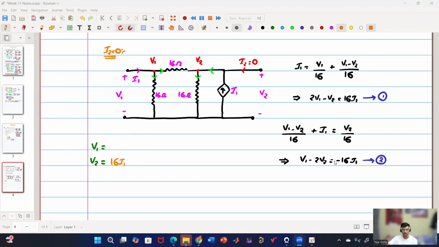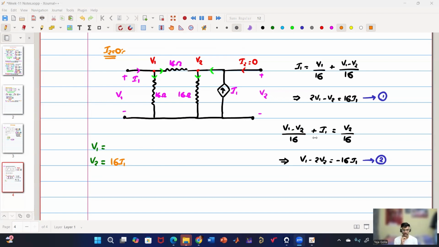3V2 is equal to minus 16 I1. Now you tell me V2 in terms of I1, V1 in terms of I1. You solve the circuit and let me know the final answer. Someone said V2 is coming 16 I1, and what is the value of V1? This is just a simple equation. Why is it taking so much time for you?